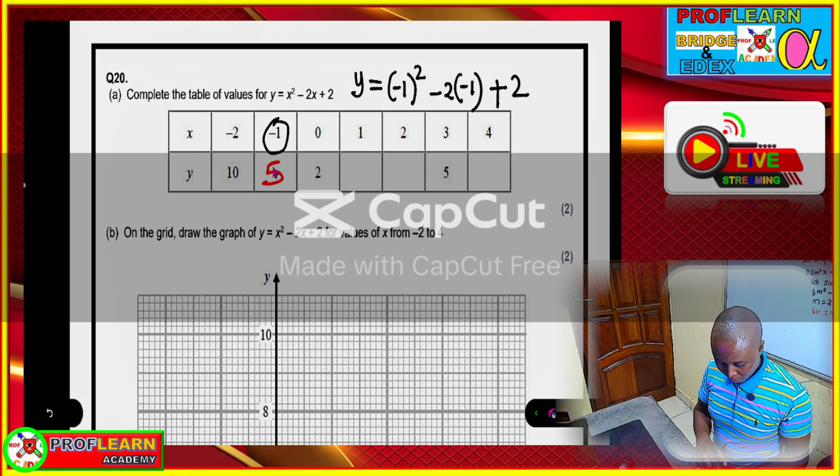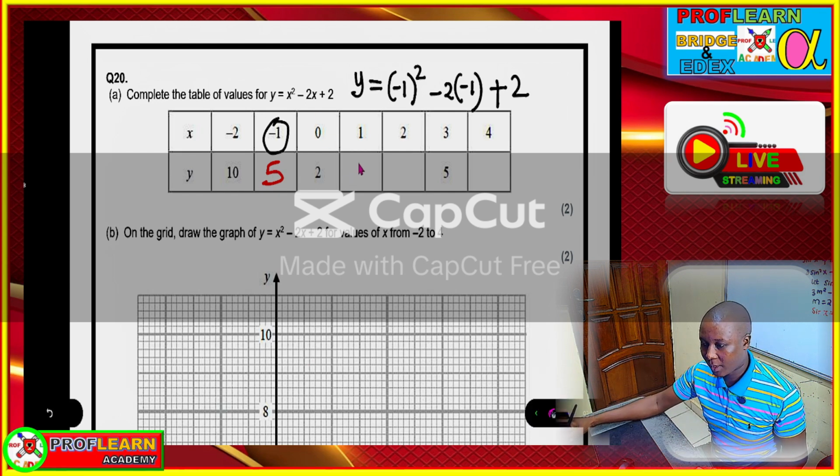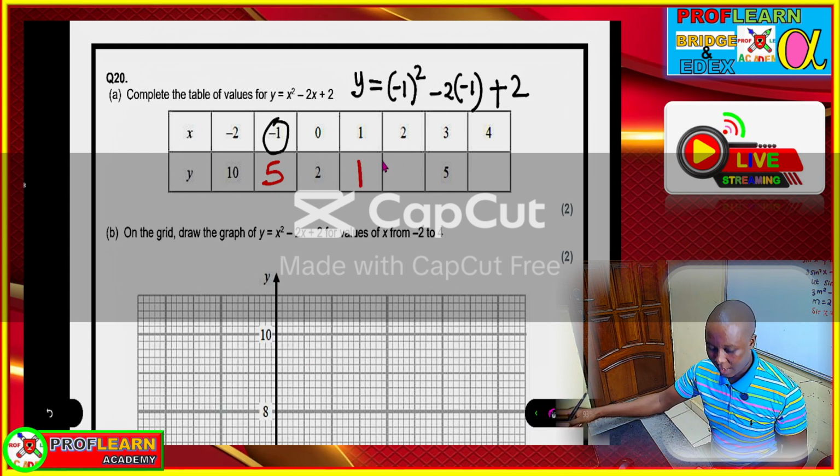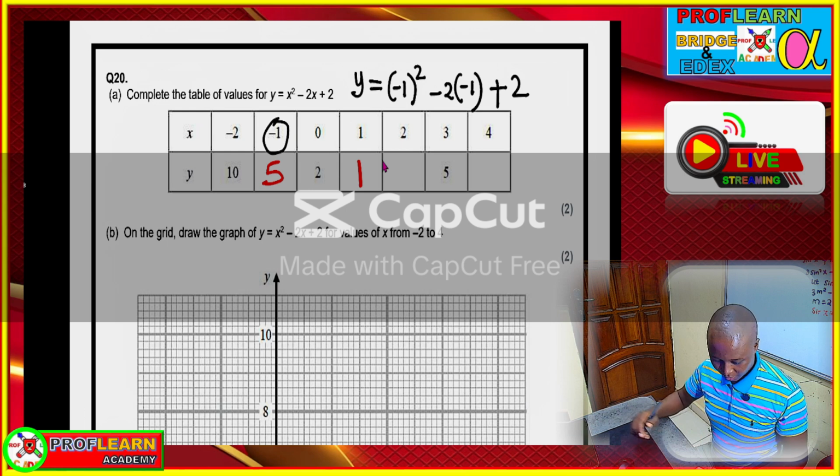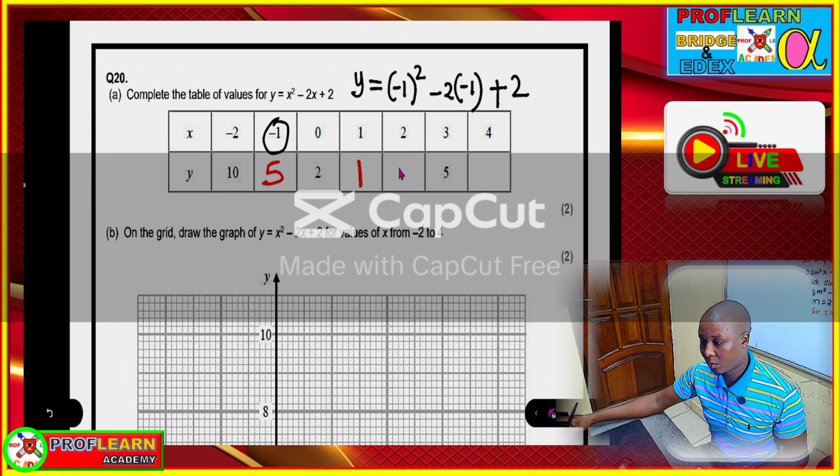So this answer here is 5. Then I'll go to my calculator and change the inner part to be 1. Whatever is in the bracket, I change it to +1. And if I do it, I'm going to get my answer here, 1. Next for 2, we shall change the value of x to be 2, and the final answer becomes 2.